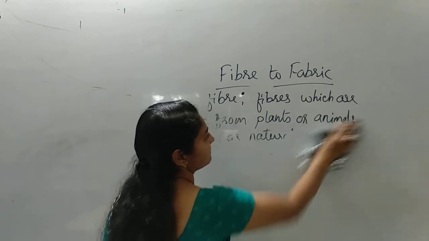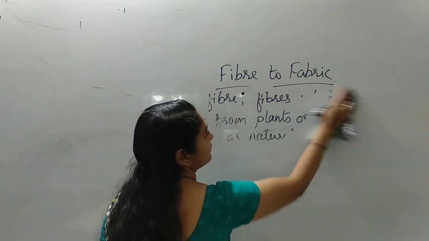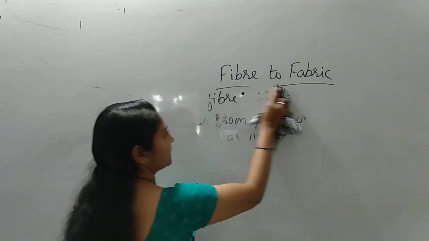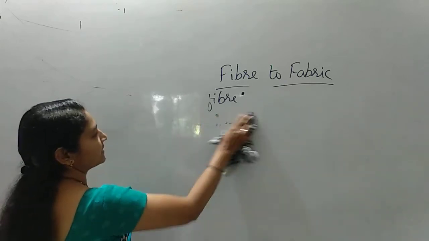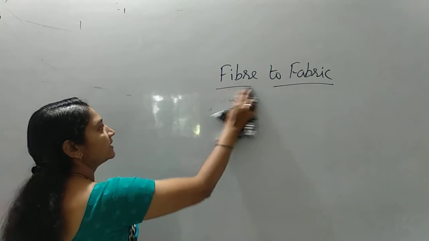Then further, those are going to be processed. We'll discuss one by one how they are made use of, like clothes. Okay, how they are getting from fiber to yarn and yarn to fabric.